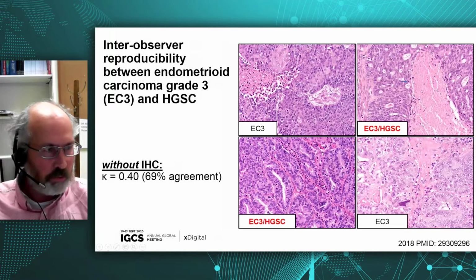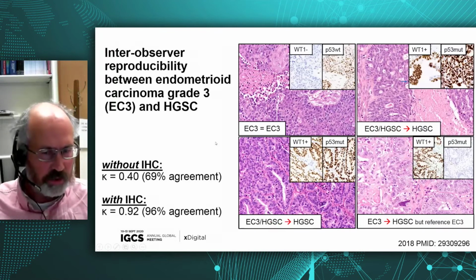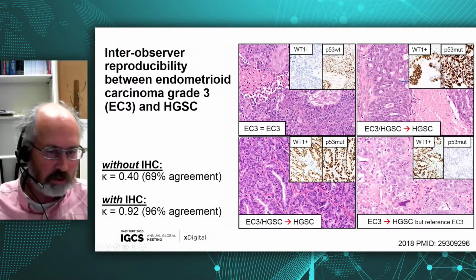When they were asked to reassess their histotype diagnosis with the knowledge of the WT1 and P53 results, they either confirmed their diagnosis or changed it to, in these examples, high-grade serous. This increased the diagnostic precision to 96%. Hence, a simple combination of WT1 and P53 is now considered the minimal confirmatory panel for high-grade serous carcinoma, with a very few exceptions. As illustrated down here, this can be applied to large cohorts.